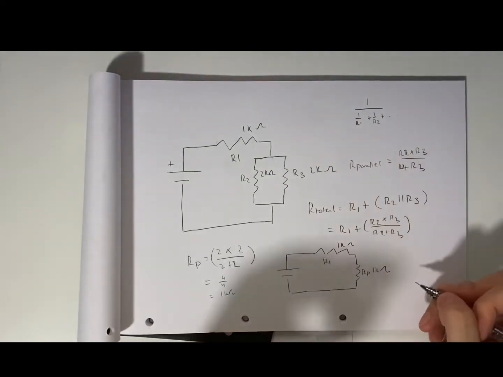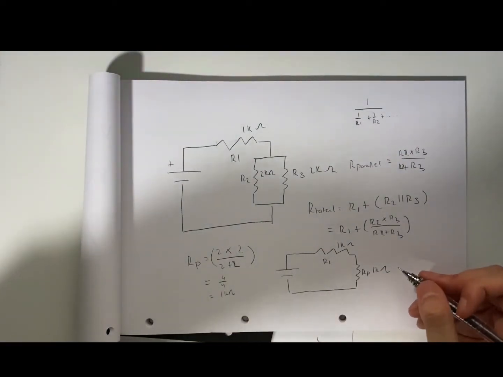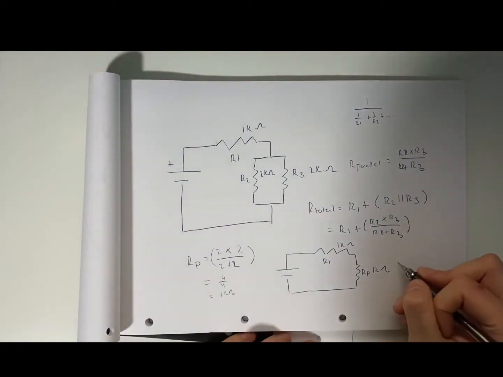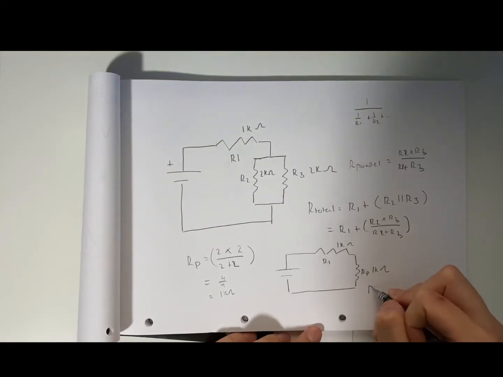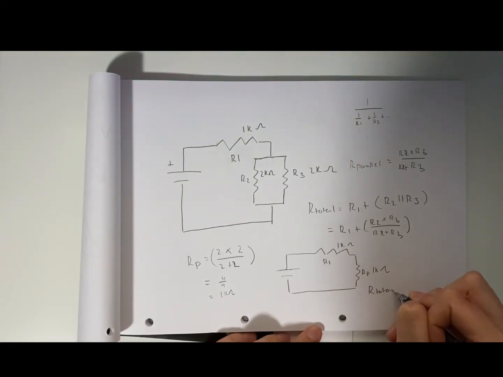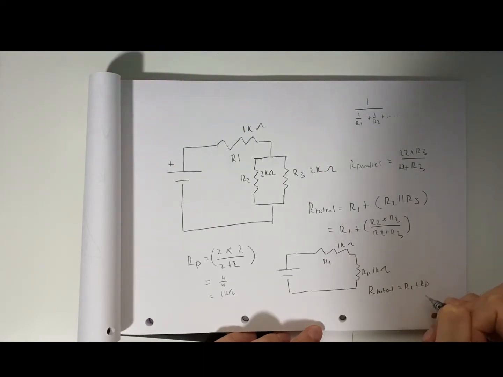I can see here this is now just a series circuit. So what we do with series is just add them together. So the R total equals R1 plus RP. Substitute our numbers, we get 2000 ohms.